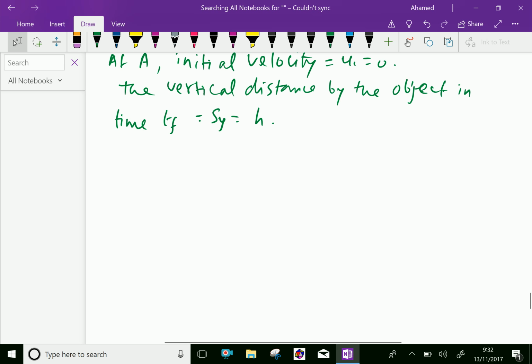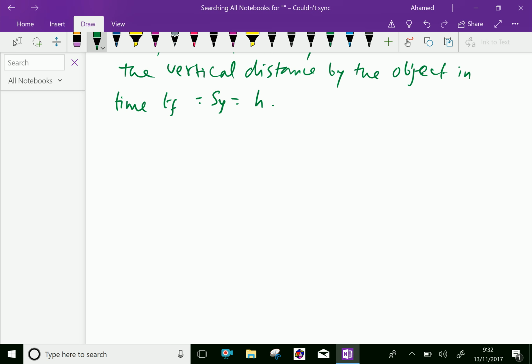Now we know the distance formula in the equation of motion. Suppose sy equals u1 tf plus half g tf square.